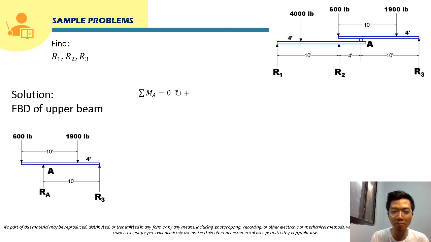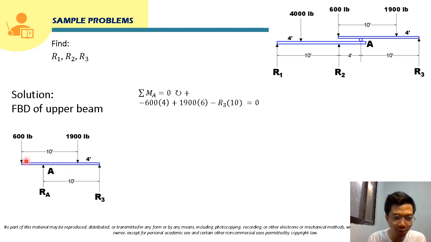So let's sum up moments at point A to solve for R3, no? RA will have no moment at point A since it passes through point A. For the 600 pound force, its moment about point A will be 600 times its moment arm. Let's analyze this beam, no?